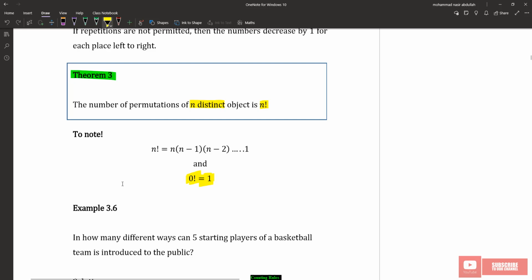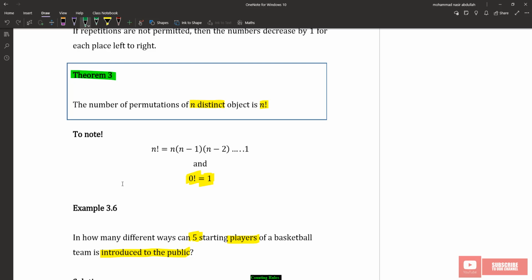Now let's look at example number 3.6. How many different ways can 5 starting players of a basketball team be introduced to the public? Starting players are human, so they are unique, right? They are distinct. Even if you have an exact twin, they are still unique.